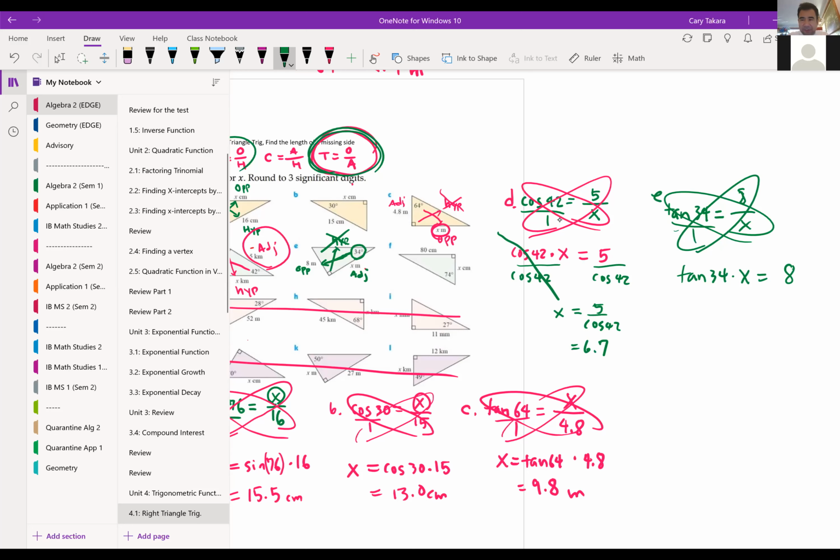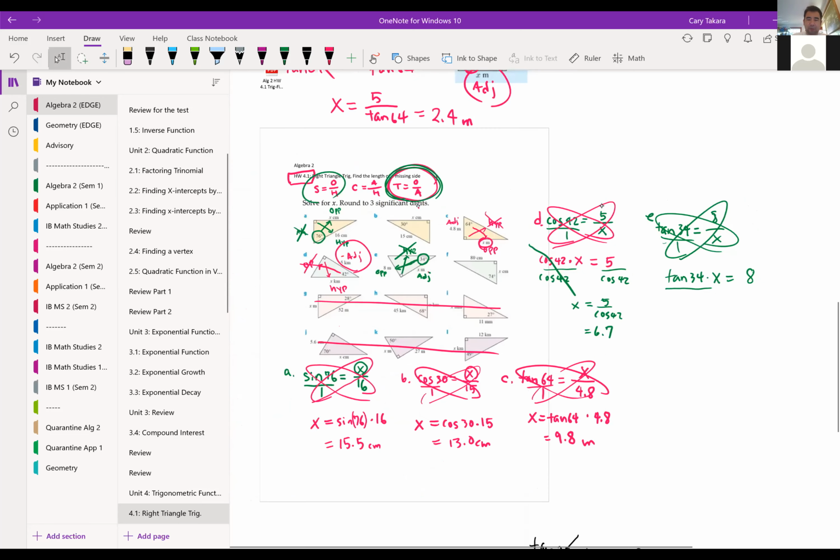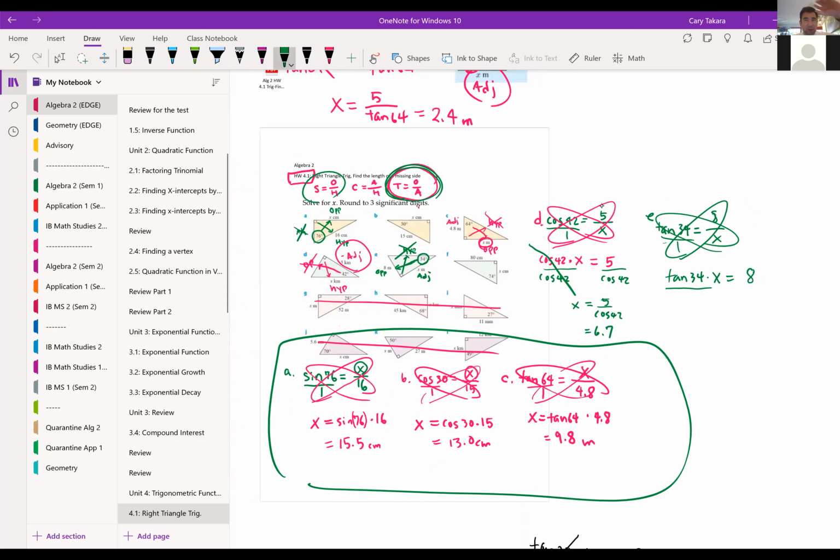So you do have to divide, okay? Do you see the difference between the problem when x is in the numerator and x is in the denominator? The first 3 problems that we worked on, all the x's are on the top, right? So you basically multiply. But when x is in the denominator, you have to divide both sides.